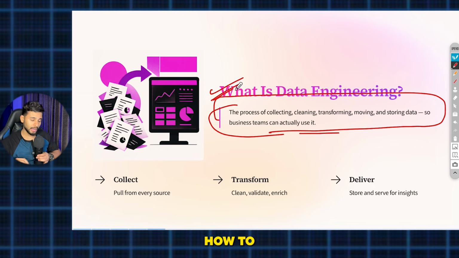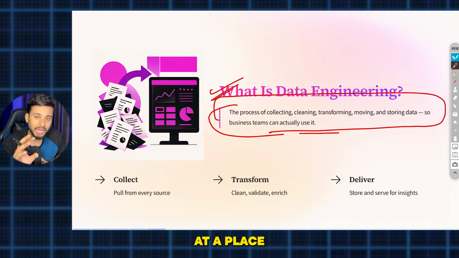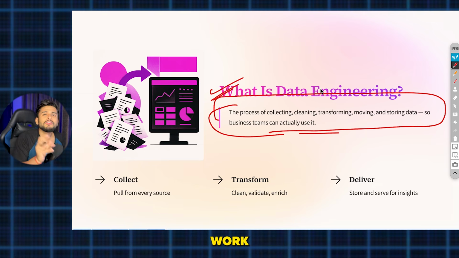How do you take those raw sources, do the transformation, and keep the data at a place from where data analysts, data scientists, machine learning engineers and AI engineers can take it and build any kind of system or use it for analytics? That is called transform. That is the work of a data engineer.